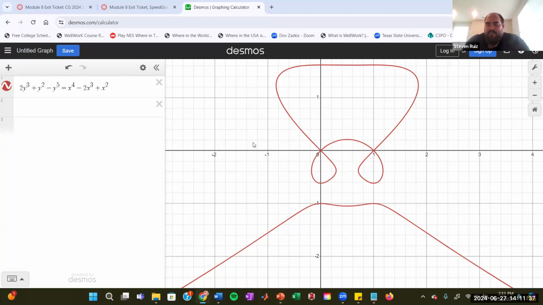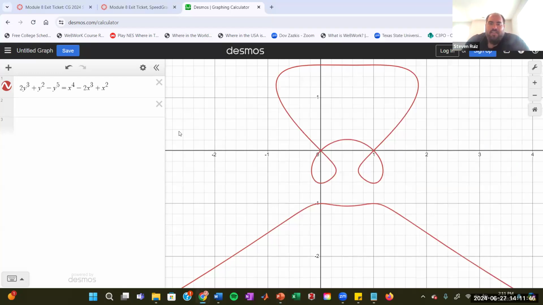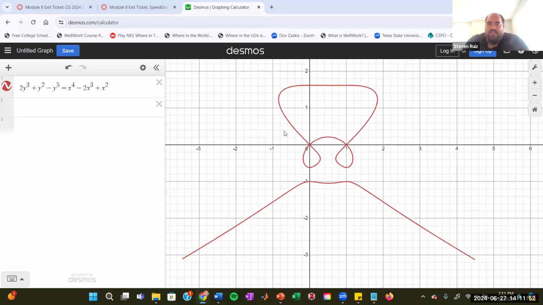But remember, we have a fourth degree polynomial. So there could be 4 places where we have vertical tangent lines. And in this case, I believe I see at least 4.